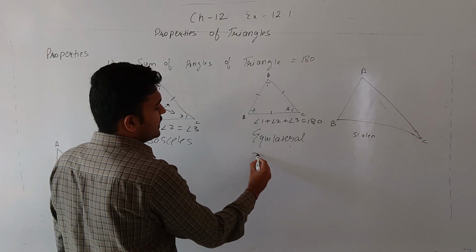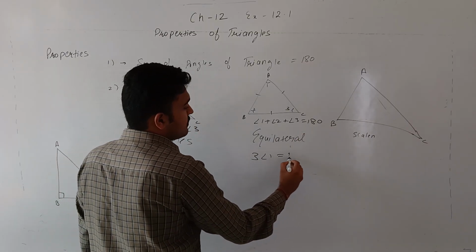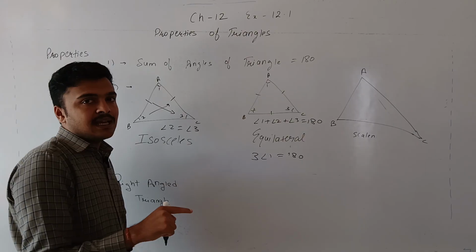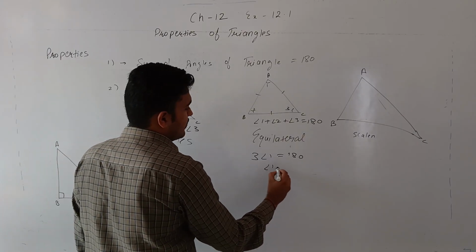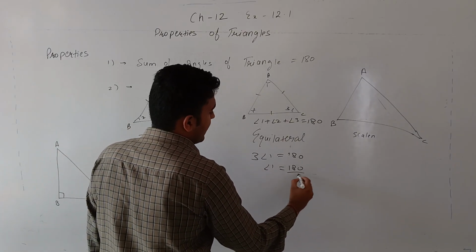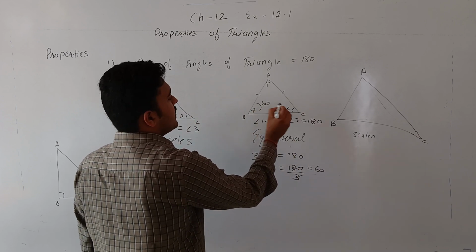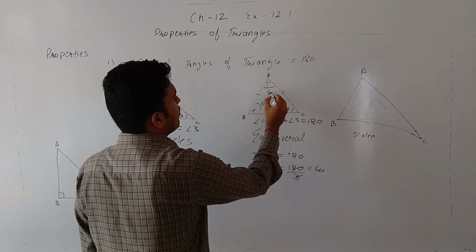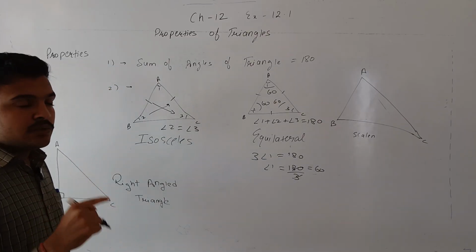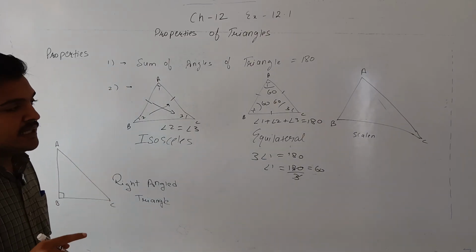Therefore, we can write 3 times angle 1 is equal to 180. Angle 1 will be equal to 180 divided by 3, which is 60. Therefore, each angle of an equilateral triangle is equal and it is equal to 60 degrees.